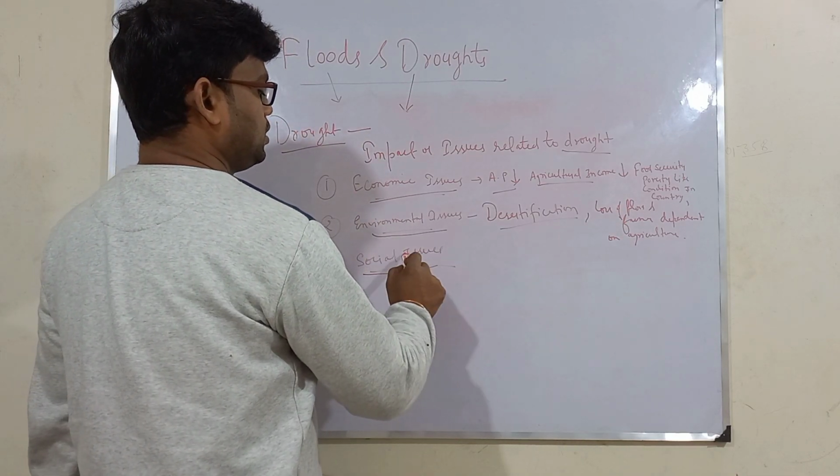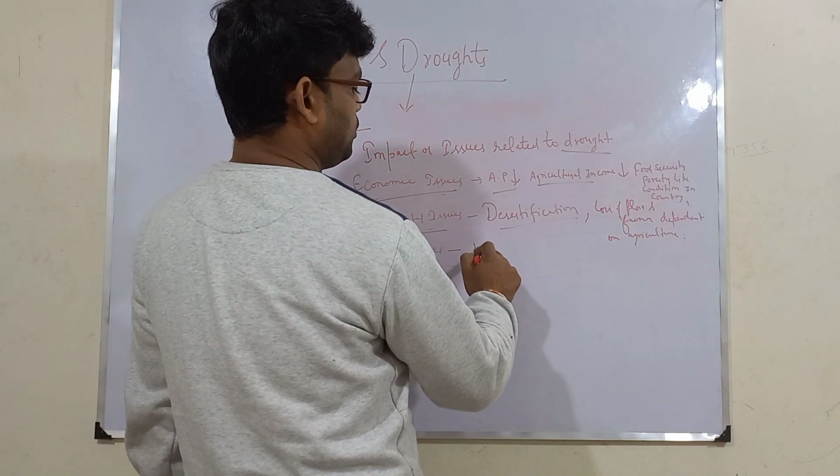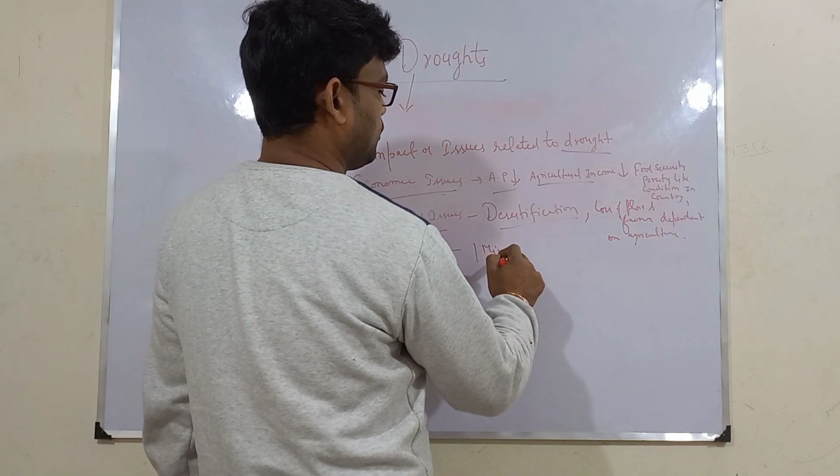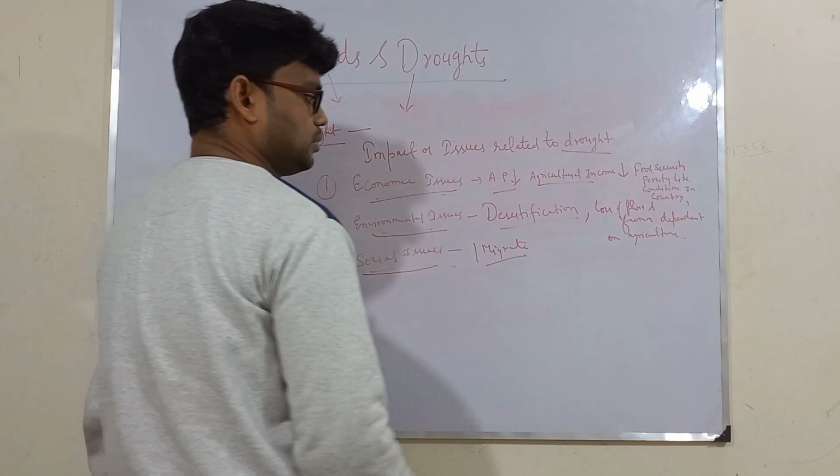And the final one is social issues. Of course, due to drought-like condition, people will again have to migrate from one place to another in order to search for new jobs.